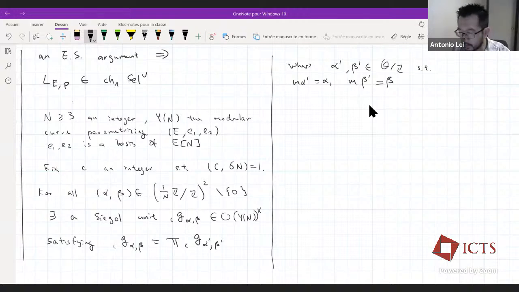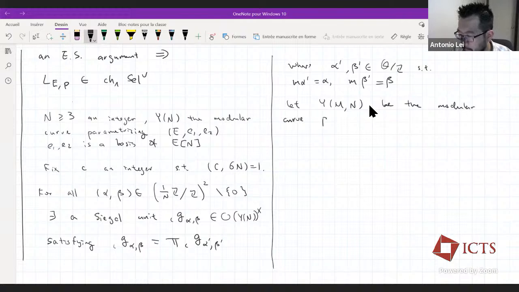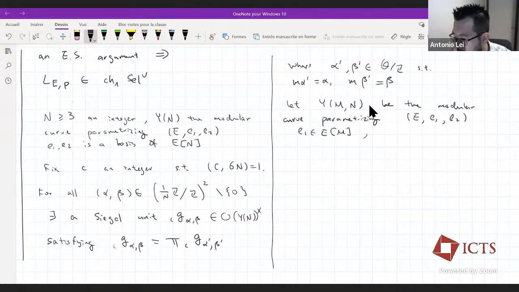In order to tell you more explicitly how the construction goes, I want to introduce another modular curve. So let Y_{M,N} be the modular curve parameterizing e1, e2, where now e1 will be an element in the M-torsion, and e2 will be an element in the N-torsion.